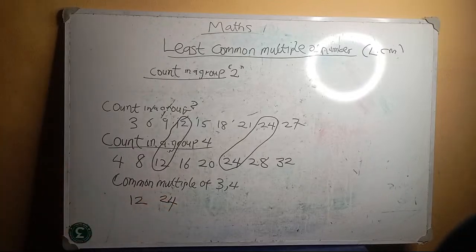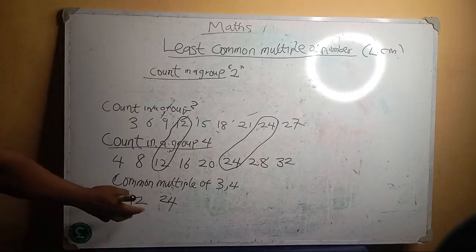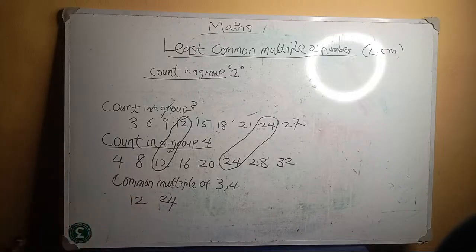So the least common multiple of 3 and 4 is what? 12. So that is how we are doing it here now.